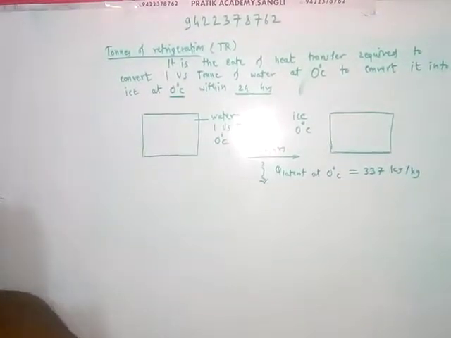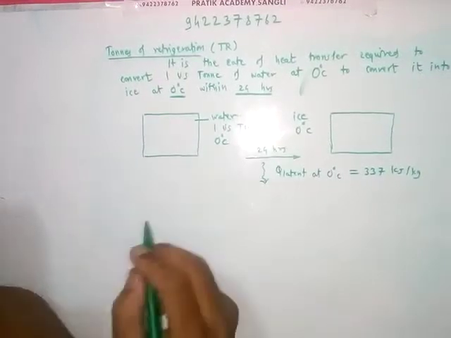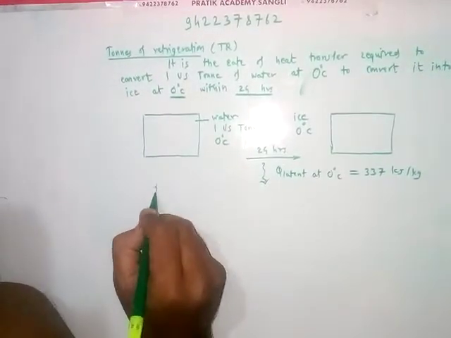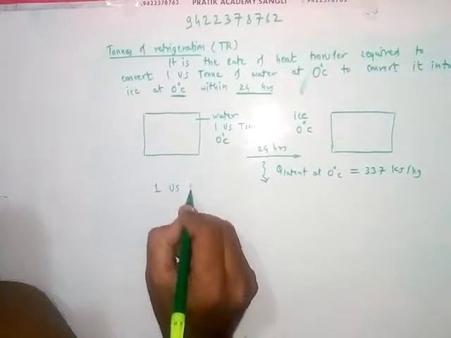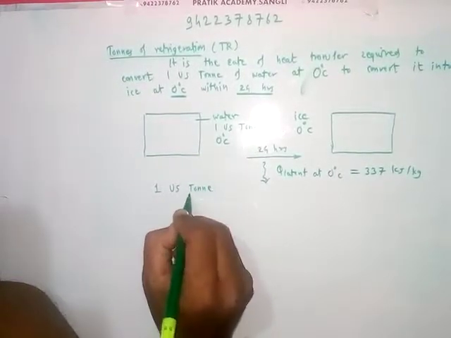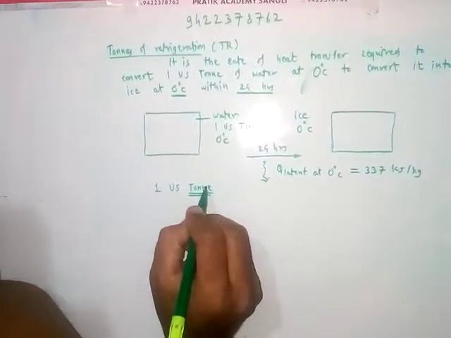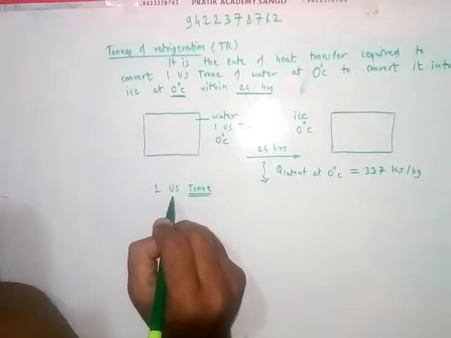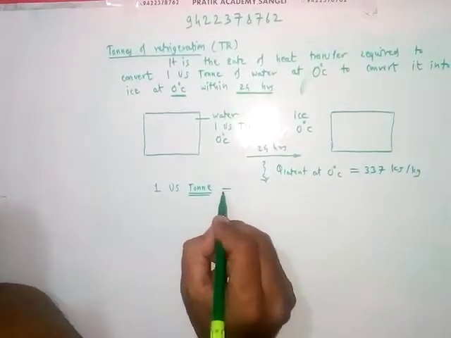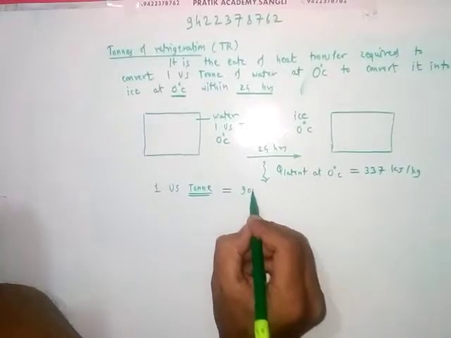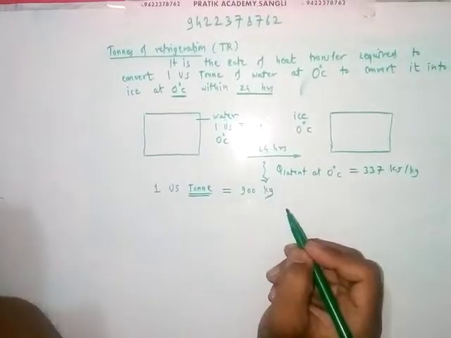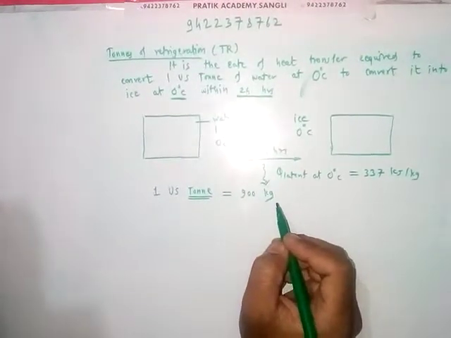1 US ton, as per definition, is not just ton, it is US ton, and it is equal to 900 kg mass, not 1000 kg, 900 kg.